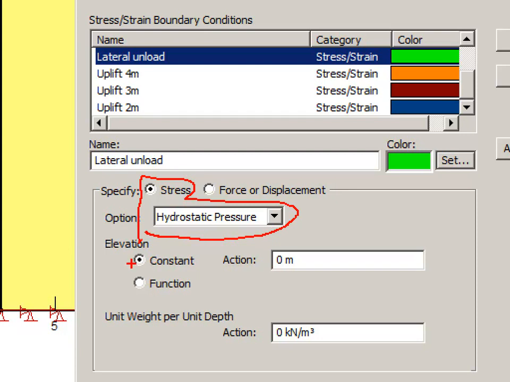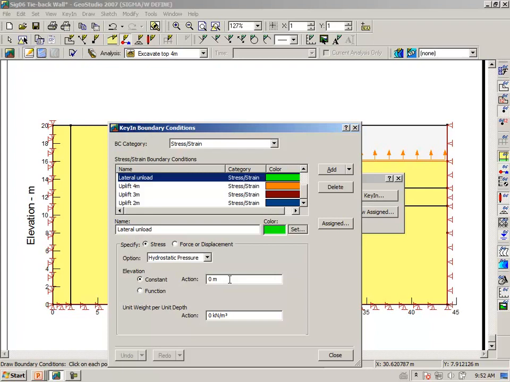We want to reference this hydrostatic pressure to the ground surface elevation of 20 meters, and the unit weight is minus, meaning pointing away from the face of the excavation, 10 kilonewtons per meter cubed.